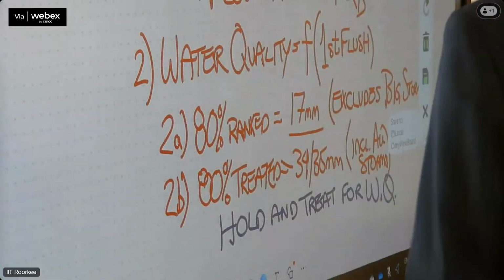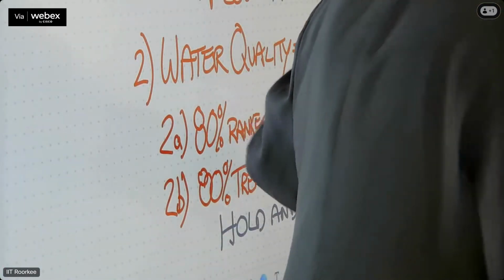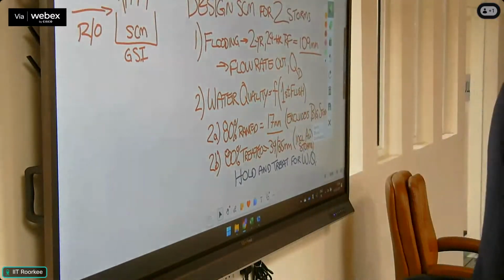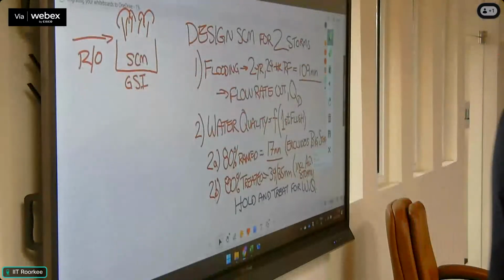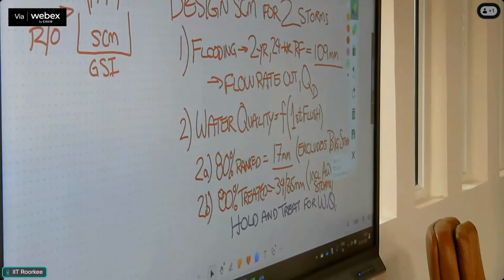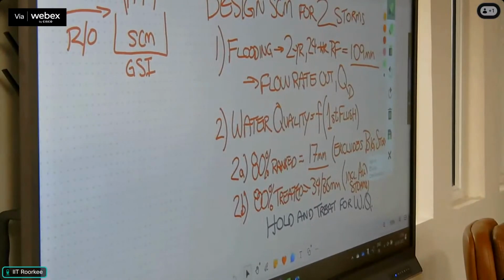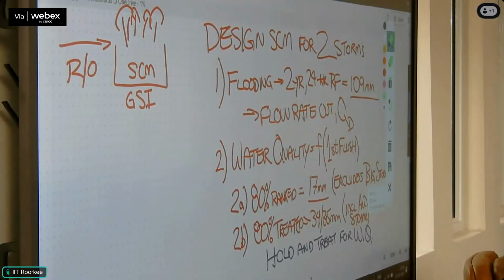Okay? So it's this volume, the volume associated with this rainfall, that we are calculating to know how big a footprint our stormwater control measure, our LID system, our green stormwater infrastructure, whatever word you want to use.